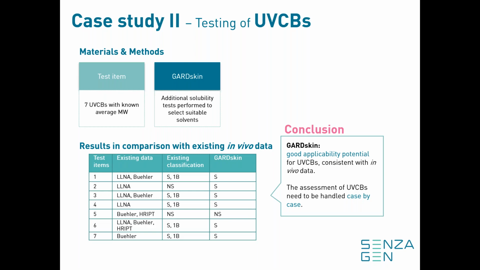So I think that this study demonstrates that the GARD skin can be used for compounds with low water solubility, such as UVCBs, but it's also important to perform this type of testing on a case-by-case basis, because you really need to consider the physicochemical properties of the chemicals in order to select the appropriate solvent.